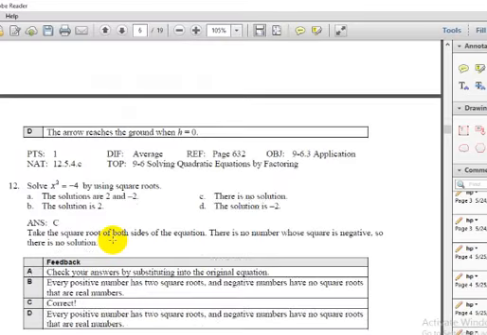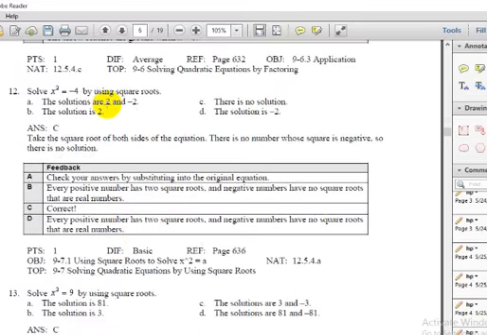Okay, let's complete. Here, the square root. Do you remember the square root? Do you remember the perfect square numbers?